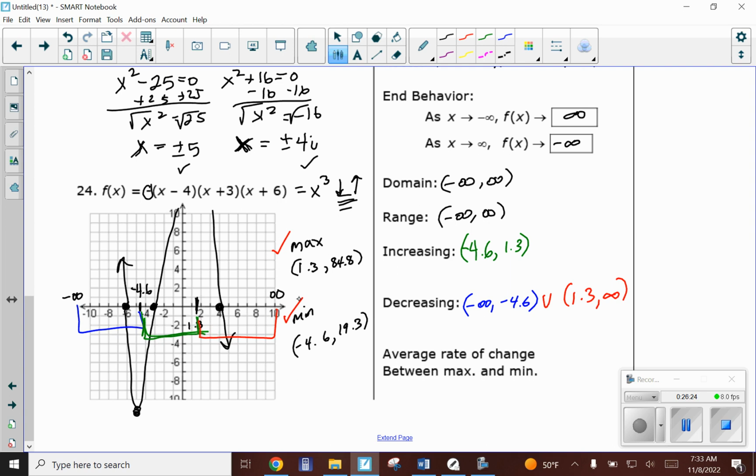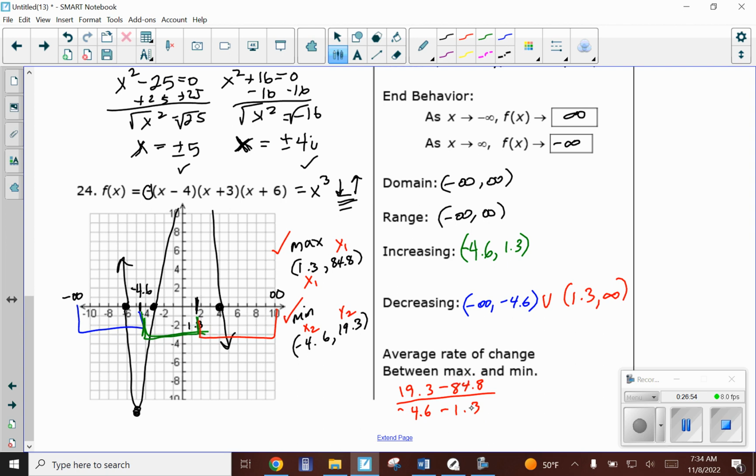So I'm just going to have to do y2 minus y1 over x2 minus x1. So it's going to be 19.3 minus 84.8. So I have this set up as y2 and y1, and then this is x2 and x1. So x2 is negative 4.6 and minus 1.3. So this can all go into the calculator.